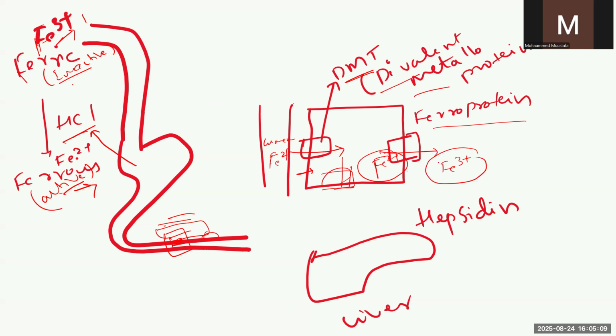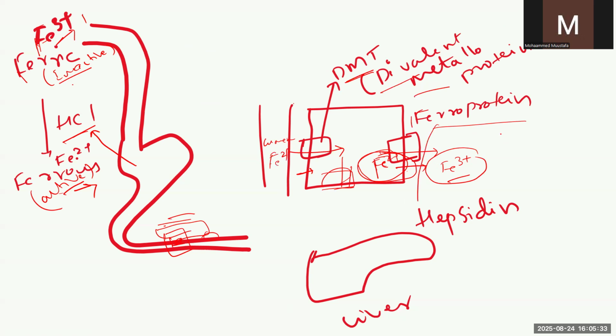At the cellular level it is active, while at the extracellular level it is present in the form of Fe3+. So who is converting here? In this diagram you can see ferroportin is the protein which converts ferrous to ferric.